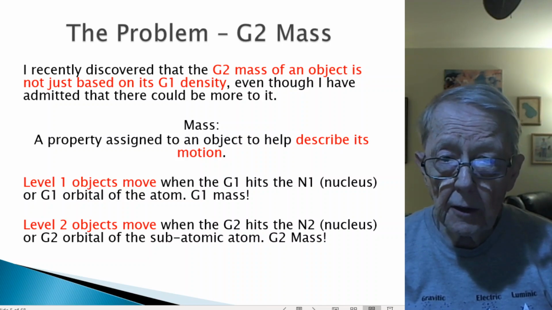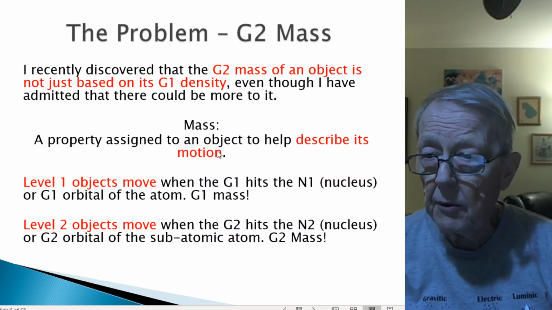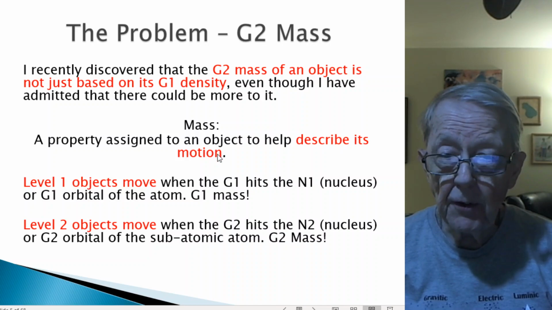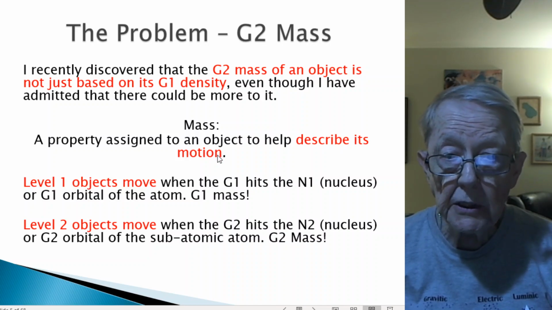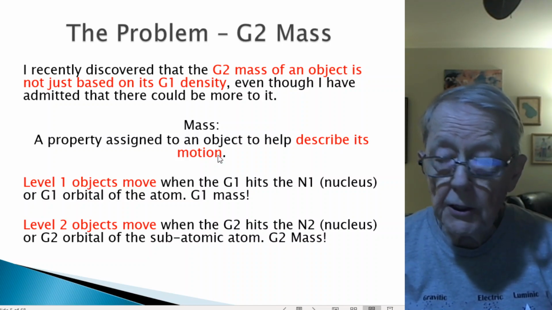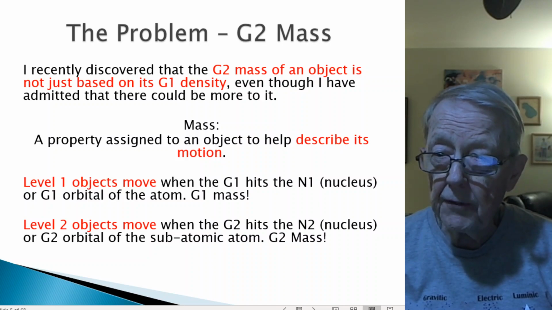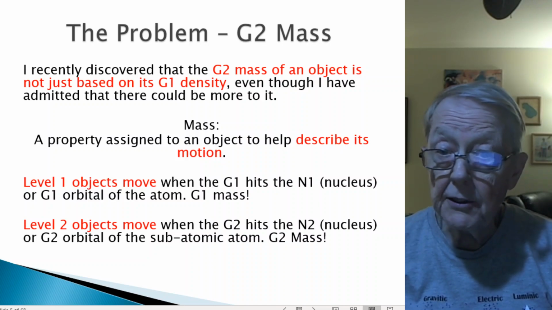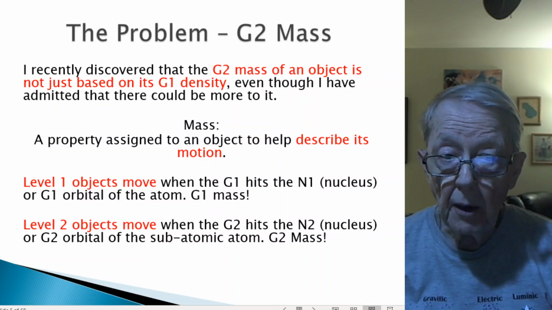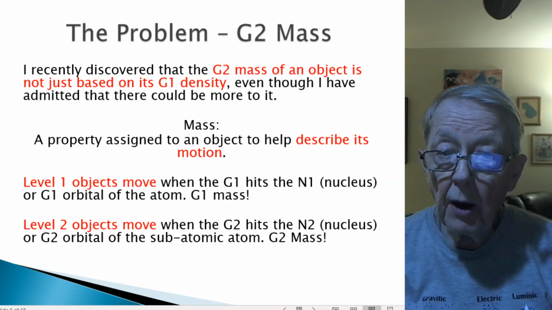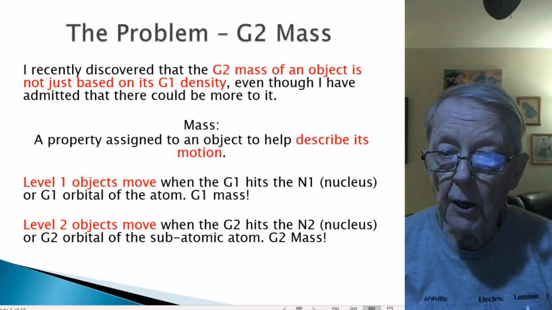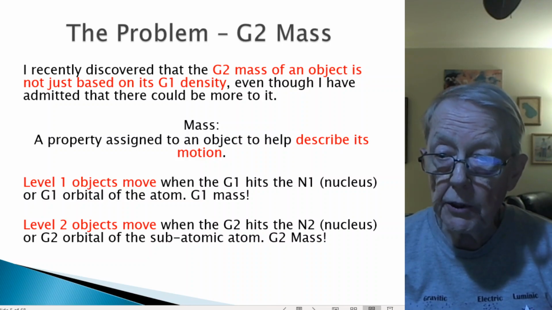Now this has to do with what we generally call mass, and people have different definitions. But this is a very general definition for mass that I think applies at all levels of the TPM model. Mass is a property assigned to an object to help describe its motion. Newton was the one who did that in the first place.